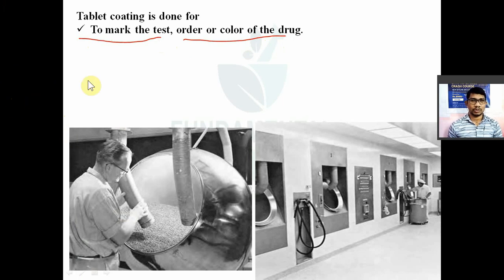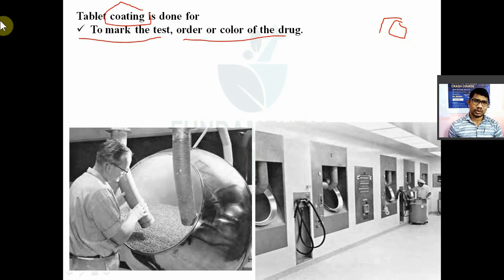Coating means the application of a thin layer over a tablet. Tablet coating is done to mask the taste, odor and color of the tablet.